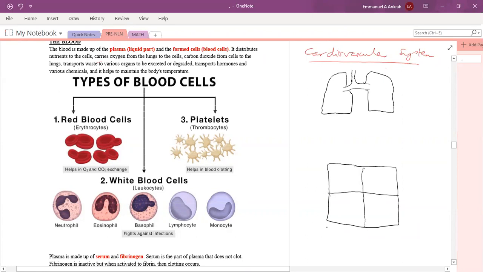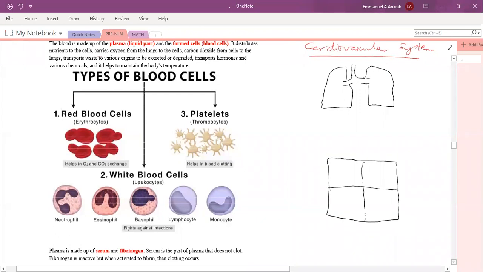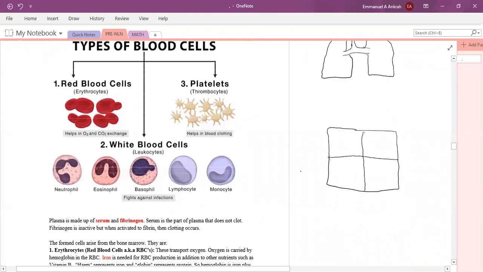Then you have blood vessels that bring blood from the lower part of the body, let's draw this here, that goes to this part of the heart.